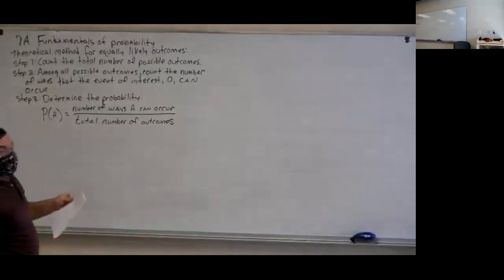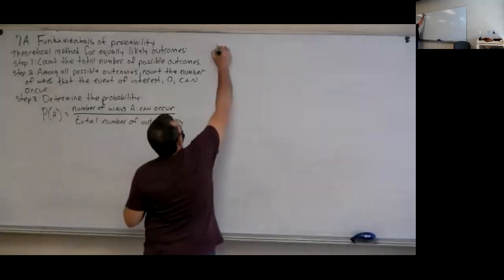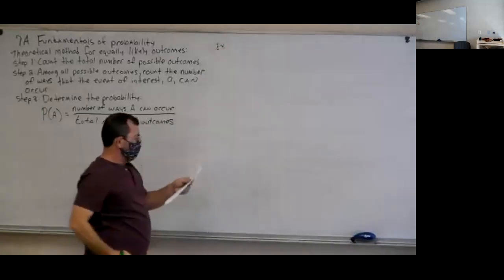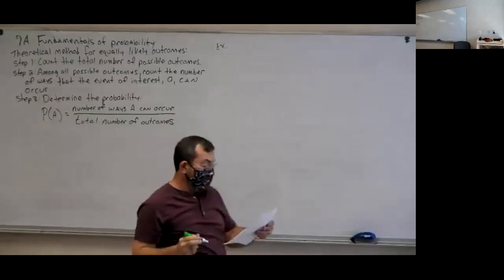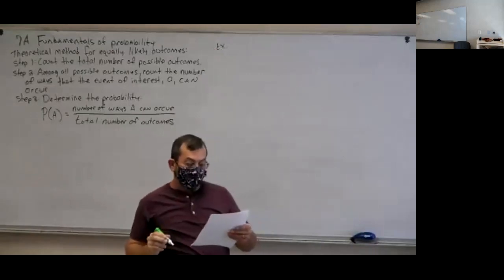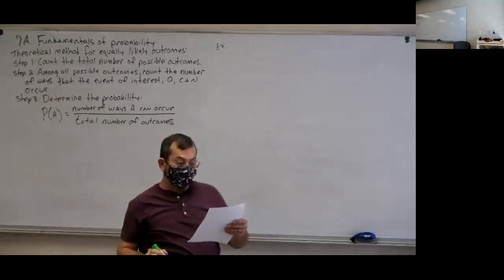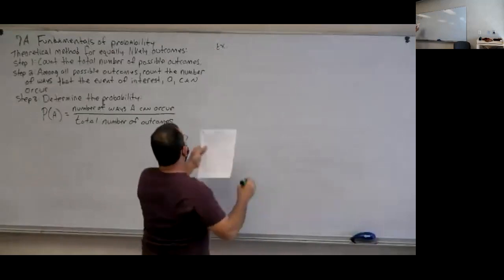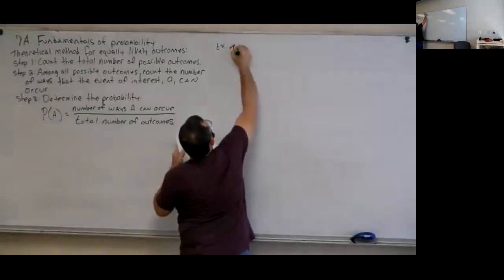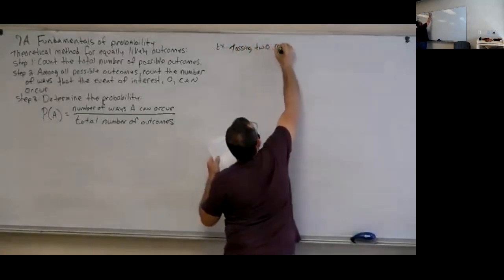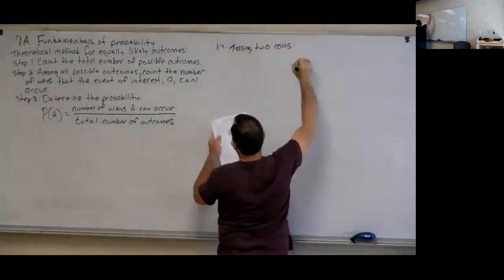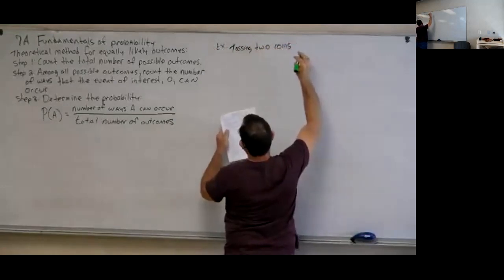So this will be like number 3 in your homework, okay? So they want me to use the theoretical method to determine the probability of the following outcome and event. So I'm going to be tossing 2 coins, and getting either 1 head or 2 heads.